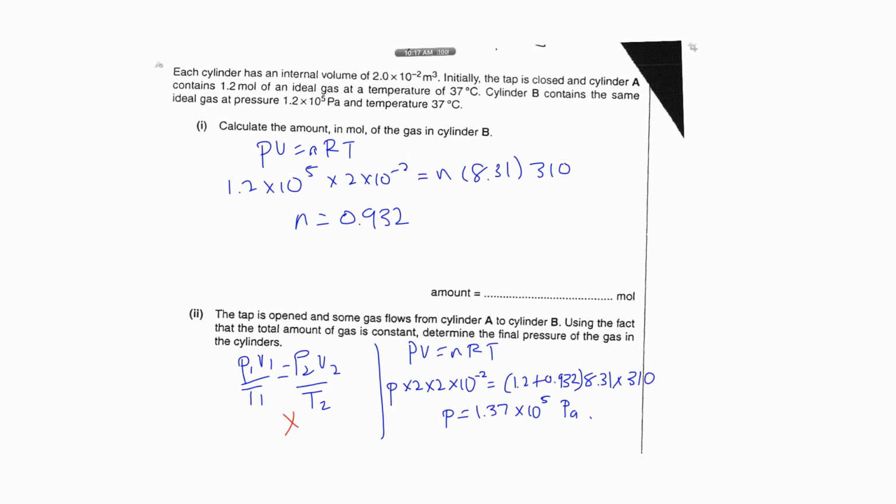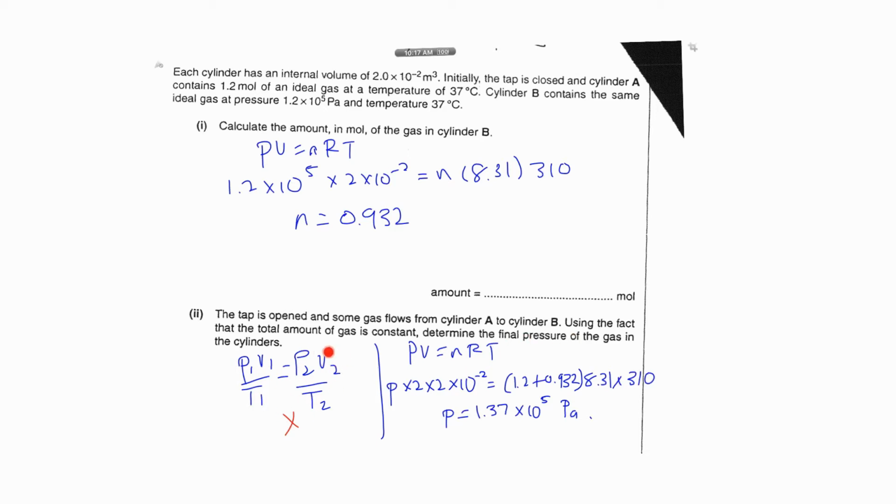I'll tell you why. When you use P1V1 over T1, you are going to use the values for cylinder A by itself. Let's say you use these values; in this case you don't even have enough information because you don't know the pressure. So most likely you're going to use cylinder B: the pressure for cylinder B, volume for cylinder B, temperature for cylinder B. But you want to find the final pressure when the tap is open.